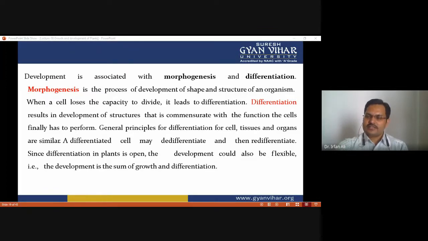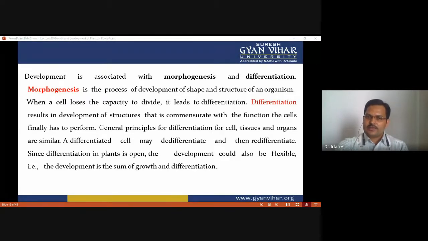So development is associated with morphogenesis as well as differentiation. Morphogenesis is defined as the process of development of shape and structure of an organism. When a cell loses the capacity to divide, it leads to differentiation. And differentiation results in the development of various structures that are commensurate with the function the cells finally have to perform.